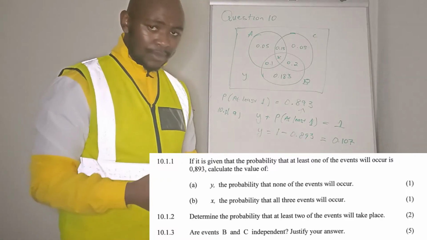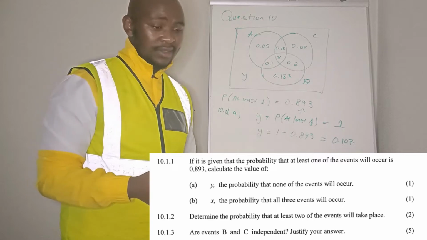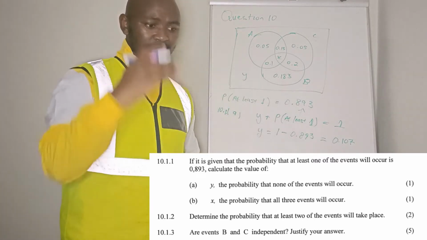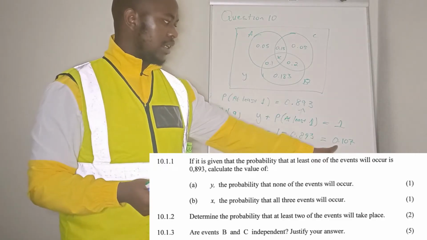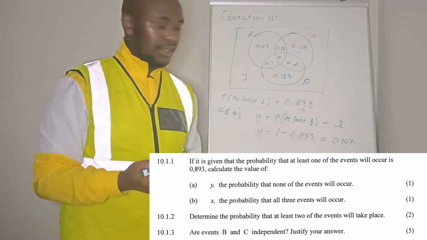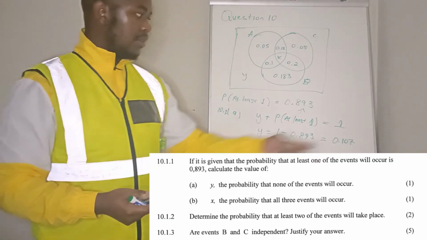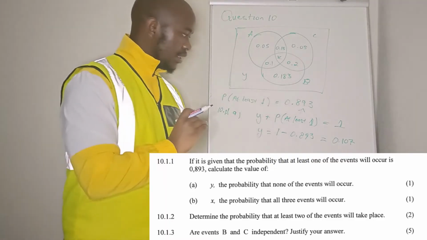0.107 is in 3 decimal places. We can leave it like that, but the instructions on the first or second page say that we have to write the answers to decimal places. But for this case, we'll just leave it at these 3 decimal places.